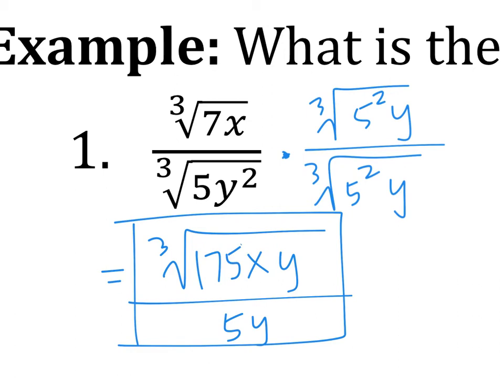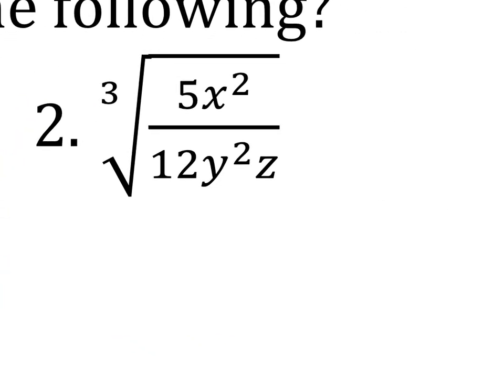All right, let's try another one. So we're going to look at the one on the right. Number 2. Okay, when you have a really big radical like this where you have a fraction, just split it into 2 fractions.